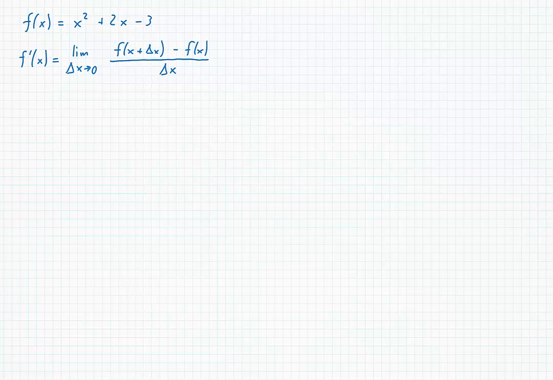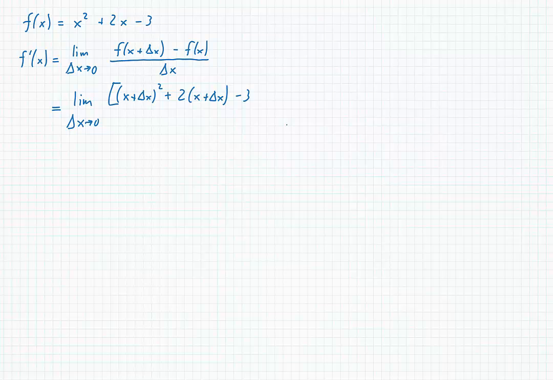Again, that fraction is the slope of a secant line, and by adding the limit, we are able to find out what the slope of a tangent line is at a specific point on the graph of the function. So let's start by making our substitutions. We're going to have the limit as delta x approaches 0 of x plus delta x squared minus 2 times x plus delta x minus 3, and actually that should be plus 2.